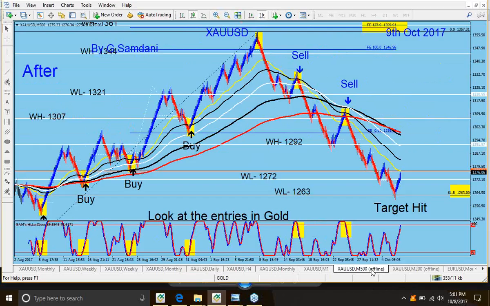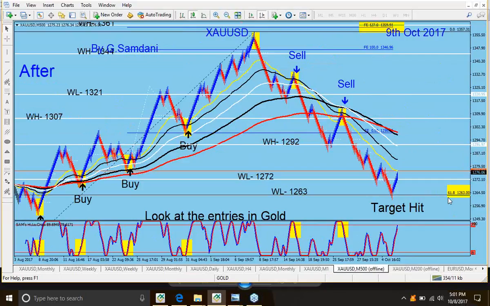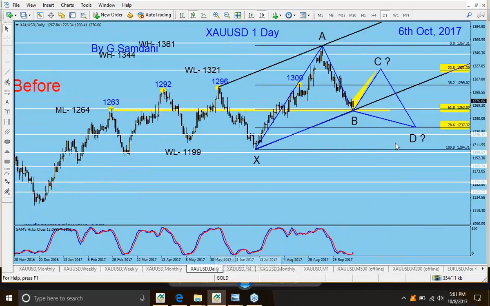Remember the last chart I made, the price was here, and I said the target was 61%, and we nicely came and hit the 61%. The 61% target is here on this chart, and on the daily chart it is also 61% here. Nice drop. Usually, if we bounce from 61%, we go back to the 23% line. That's why I said it might be a nice harmonic pattern in the making.